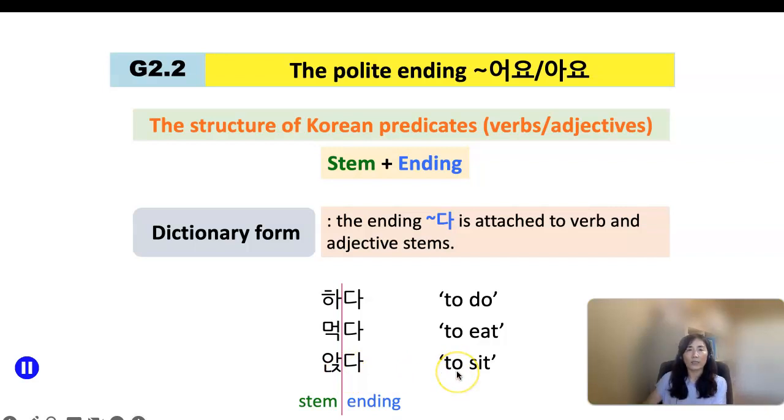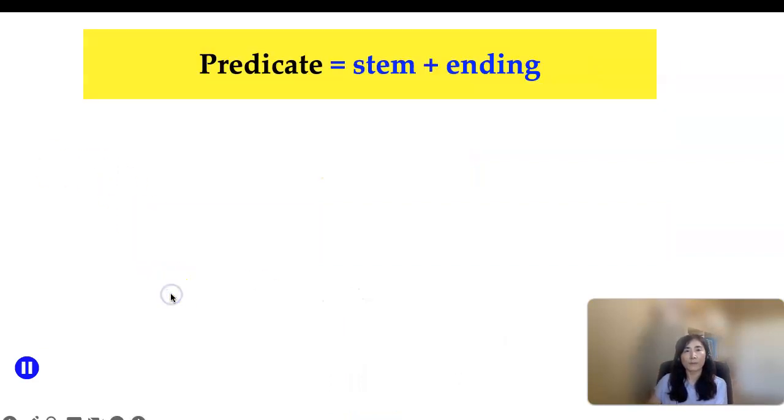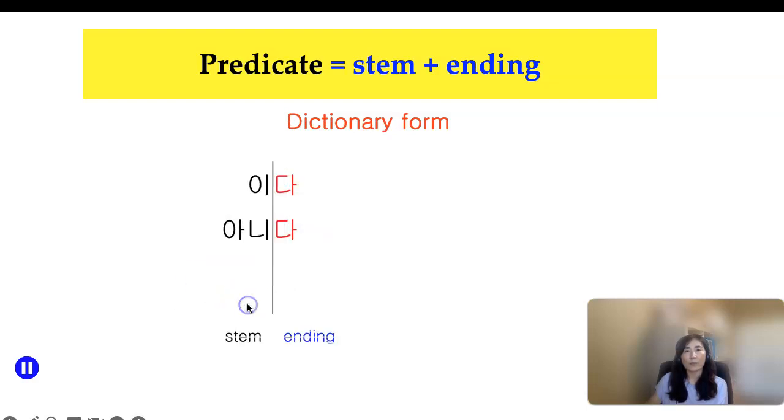As you can see here, whether it's a verb or an adjective, it is composed of two parts, stem and ending. The stem does not change at all. It maintains the original form always, regardless of any tense or any situation. The conjugation always happens in the ending part. Here are more examples. 이다, 아니다.